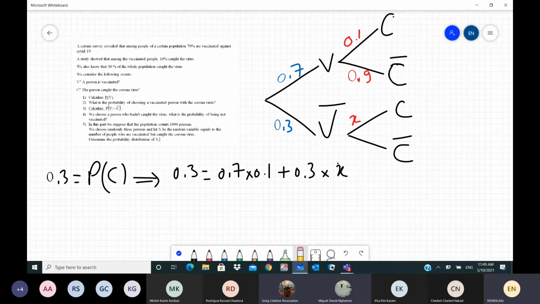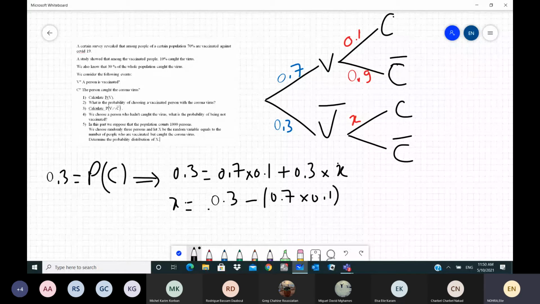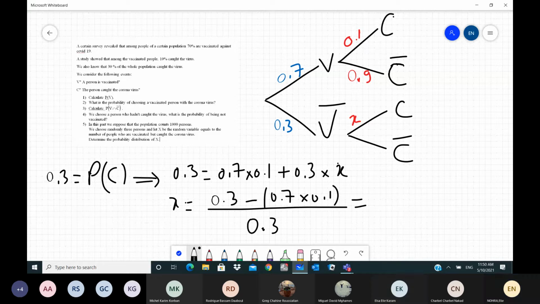Now it's an algebraic expression. The total is 100%. Now we do the math, of course. So X equals 0.3 minus 0.7 times 0.1, all of it over 0.3. Could someone do the math, please? Because I don't have my calculator. 23 over 30.